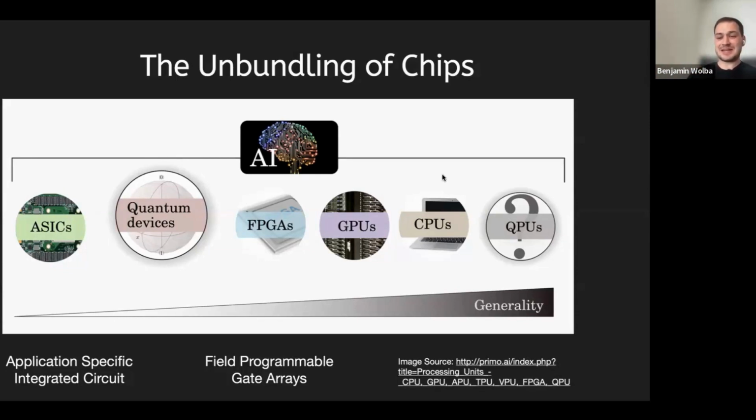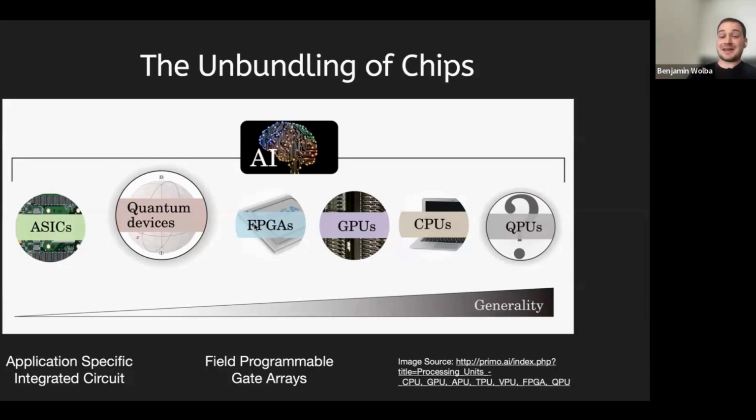And so what we're seeing with the recent machine learning hype is this further unbundling of chips. So we've been going from one flavor, CPUs, to two flavors, CPUs and GPUs. And now we see all different kinds of flavors popping up and emerging.